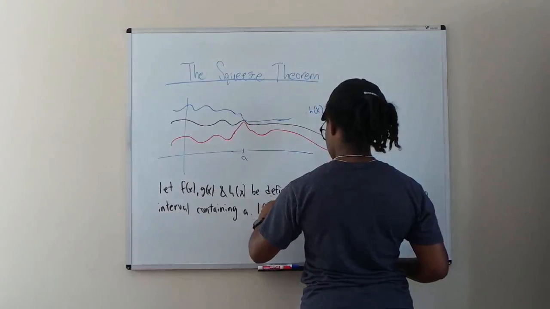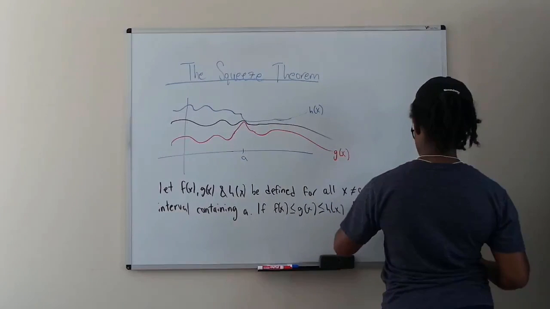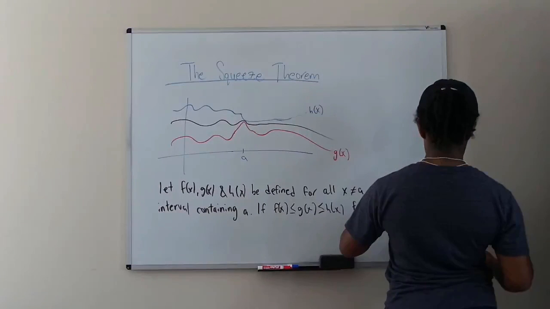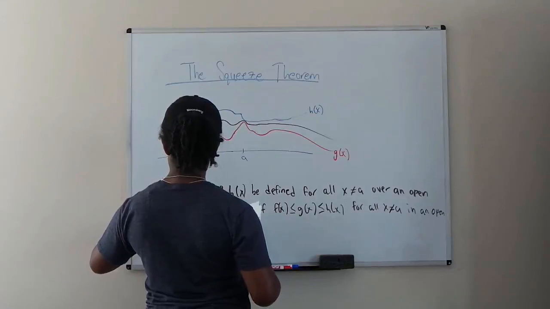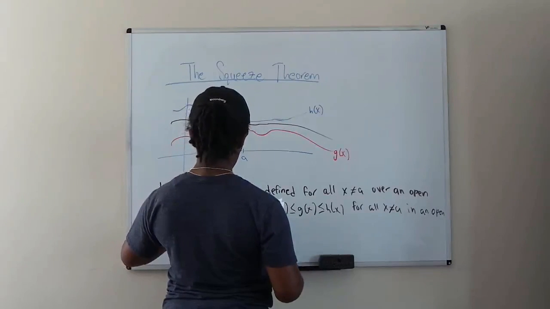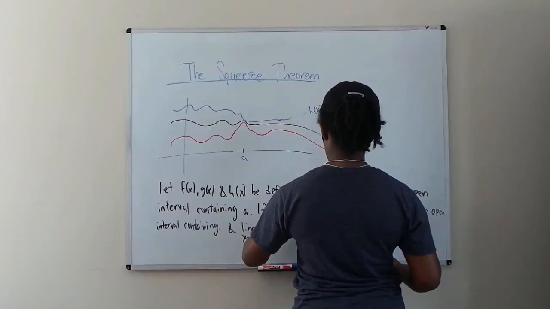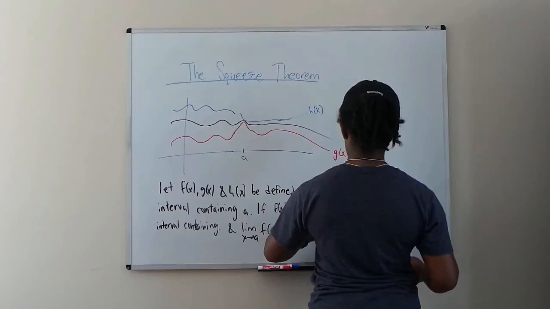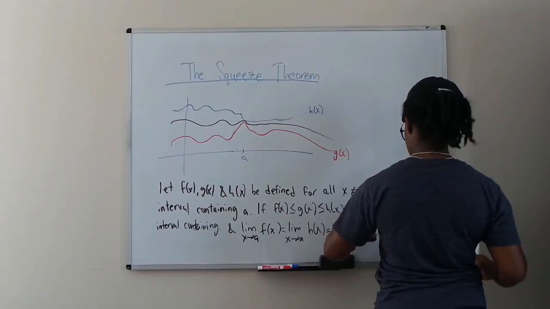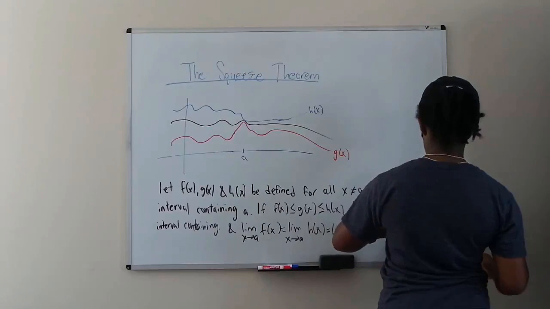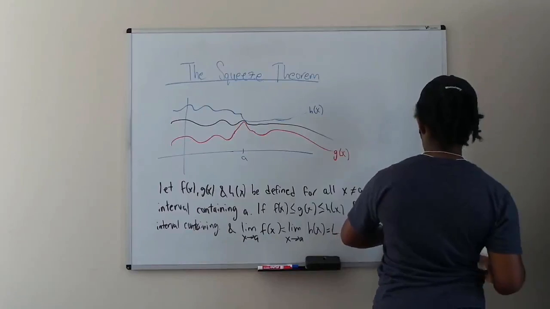If f of x is less than or equal to g of x, which is less than or equal to h of x, for all x not equal to a in an open interval containing a, and the limit as x approaches a of f of x equals the limit as x approaches a of h of x equals L, then we know that the limit as x approaches a of g of x is equal to L.